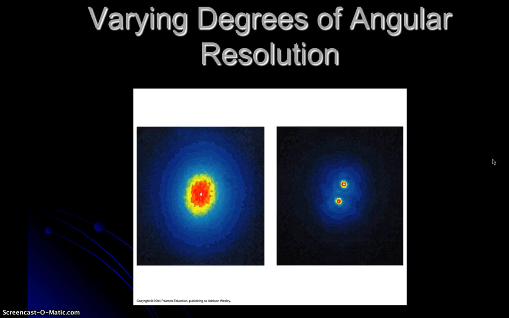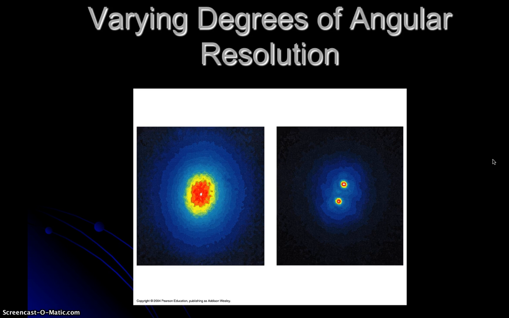Now, angular resolution. In this picture here, you're seeing two different types of angular resolution. In the left-hand picture, you just see that we're looking at something that looks kind of oval-like, a blob. It's not really clear. Maybe it's two things that are really close together, but it's not clear here.